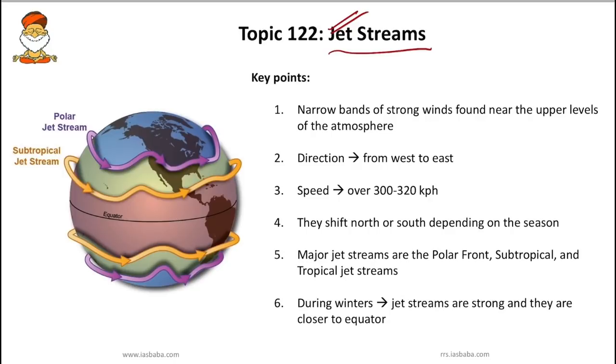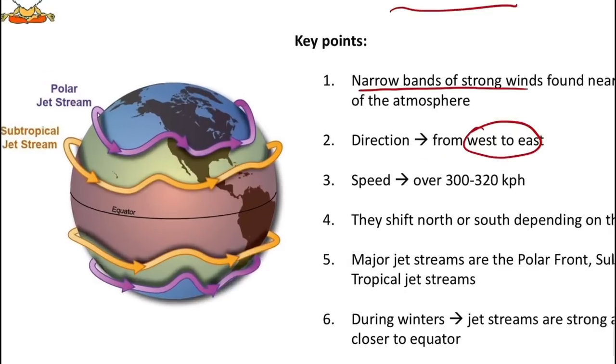So the first important fact we have to know about jet streams is that they are narrow bands of strong wind. They generally blow from west to east, all across the globe, as you can see in the figure.